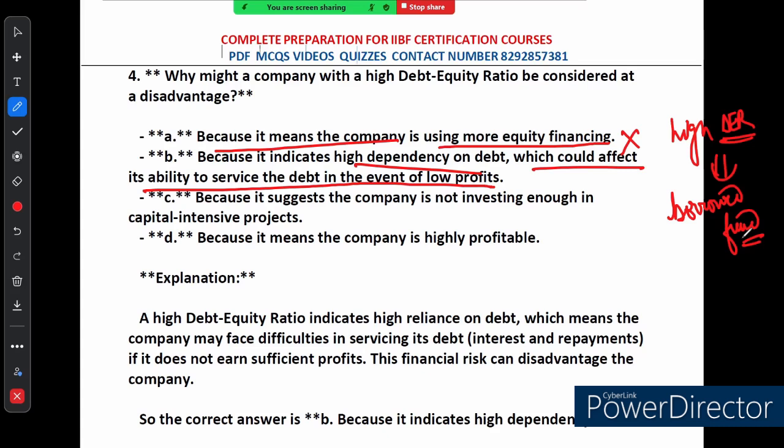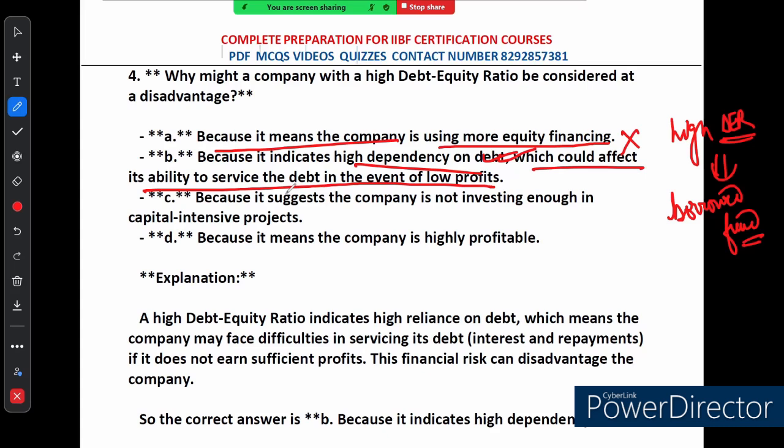So high DER, what does it mean? It indicates the company relies heavily on borrowed funds, and in such a case, if profit falls, it might struggle to make interest payments and repay the principal. So this is how high DER is not considered an advantage; it is considered a disadvantage, right? So this is the correct answer. Suppose the company's profit falls, low profit is there, then how could the company manage its principal and interest payments, right? It could not manage.